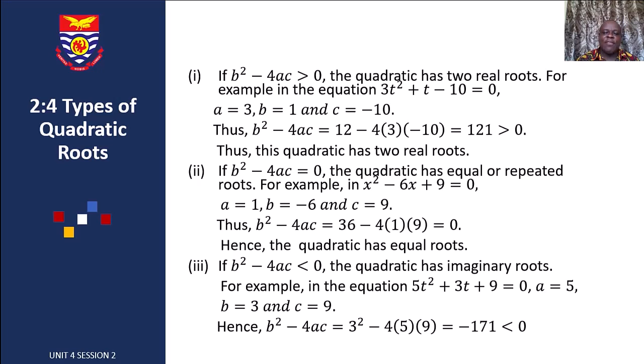If you put it into the discriminant and simplify, you get negative 171, and this is less than 0. And so you cannot easily factorize it. If you do, you will get what we call imaginary roots or complex roots.